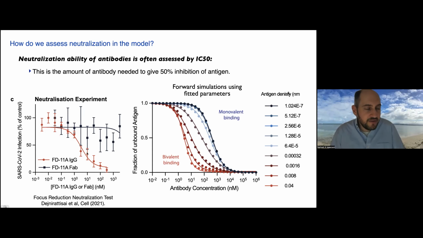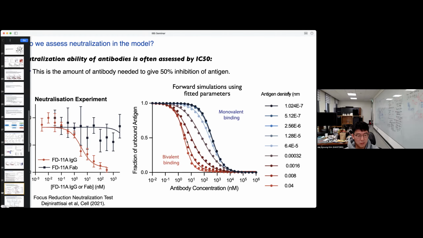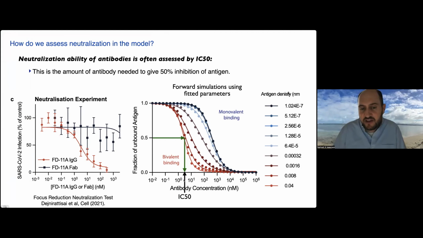And at the same time that they looked at how many cells were infected, we can look at what fraction of the spike proteins have been bound by antibodies. The specific statistic that people tend to look at is the IC50. For a given antibody, for a given one of these curves, what's the antibody concentration where half of the antigen gets bound up? You can think of it as the amount of antibody where half of the spike protein gets shut down by being bound to it. You can measure that experimentally from these curves, and we can measure it in the model. I'll come back to this in a minute.